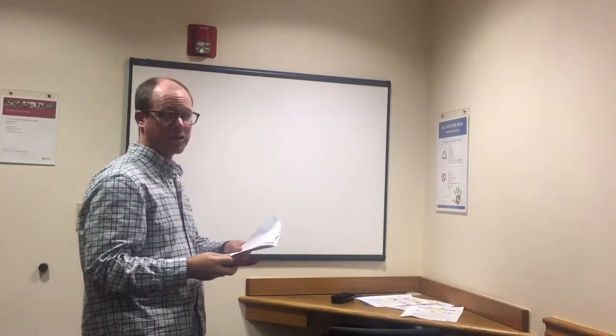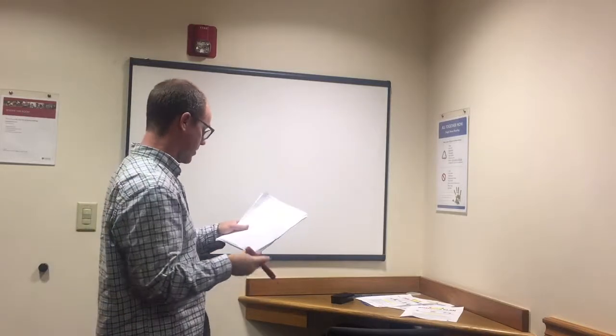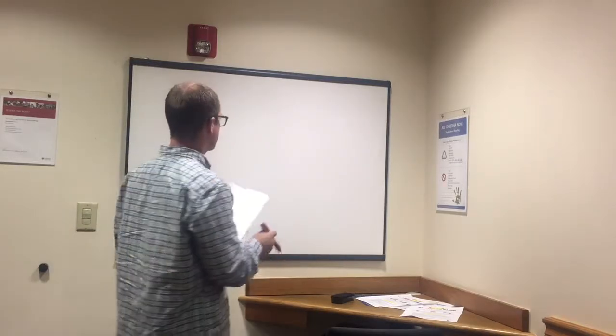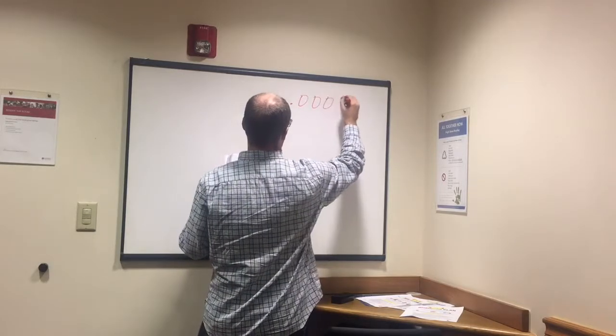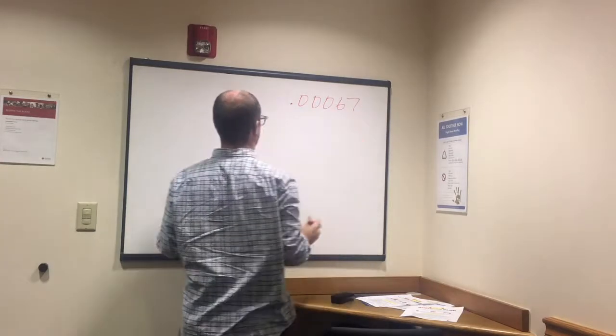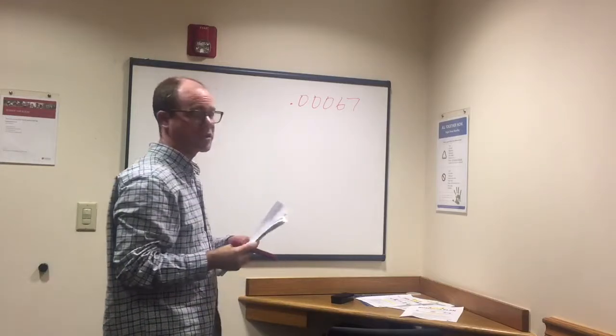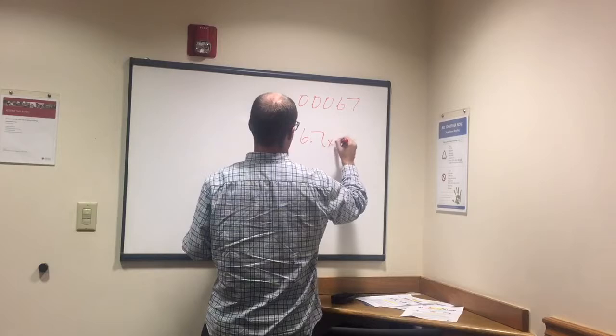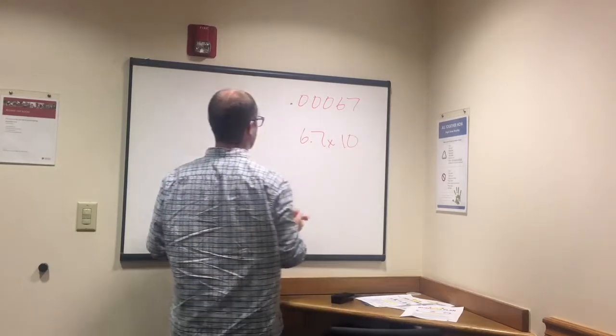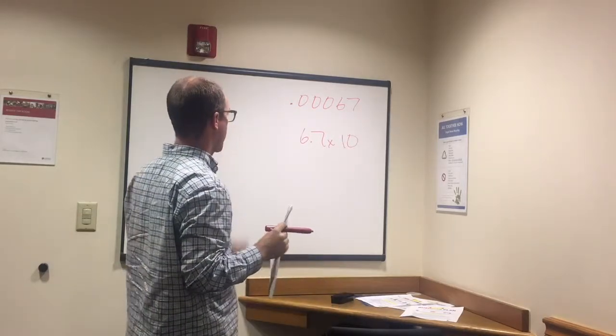Okay, we have 2 more of these. They all start to seem pretty similar after a while. So 0.00067. We know it's going to be 6.7 times 10 to what?